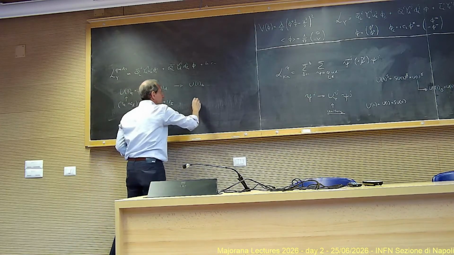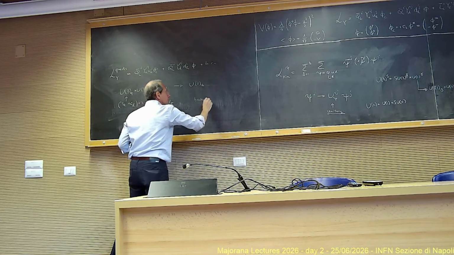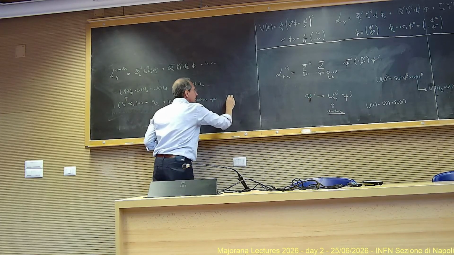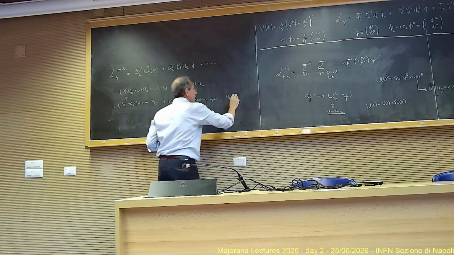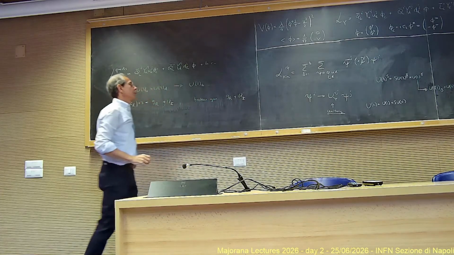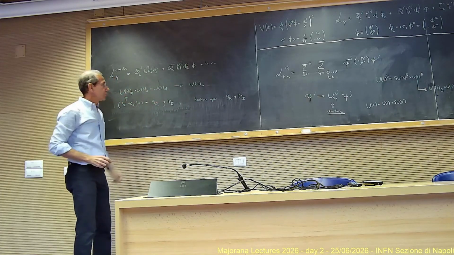So the broken generators are 9 real parameters and 17 broken generators associated to phases.